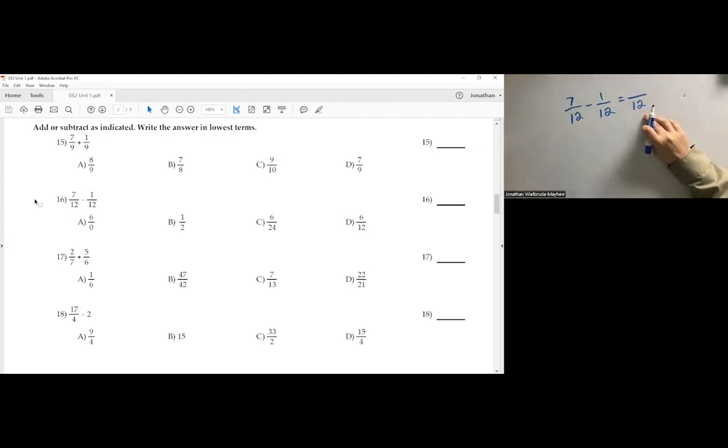Keep the number on the bottom. 7 minus 1 is 6. 6/12 is one of the answers, but we have to write our answer in lowest terms. 6/12 would be wrong. It reduces to 1/2. Top and bottom both divide by 6.